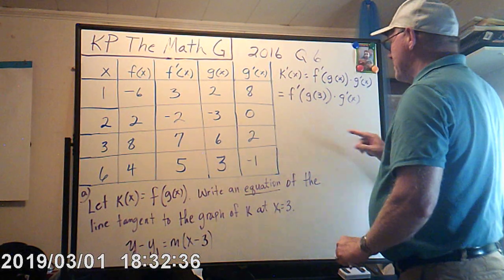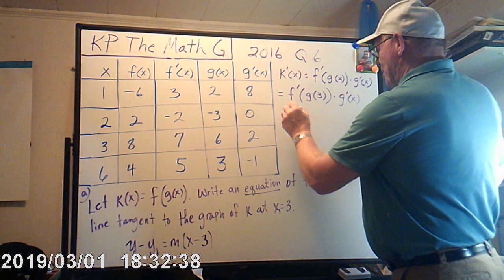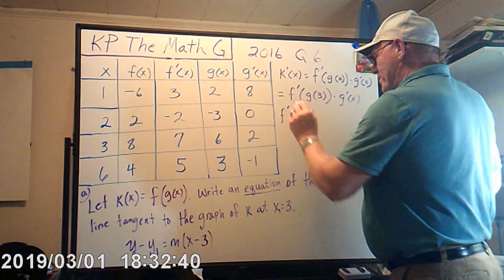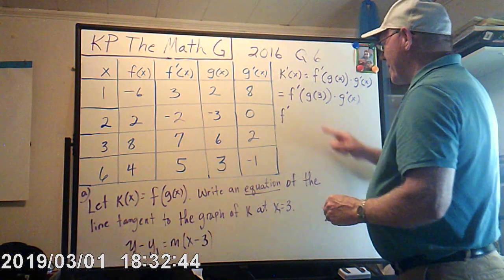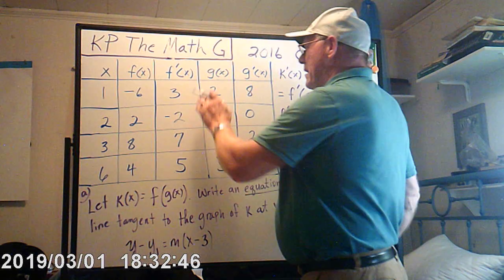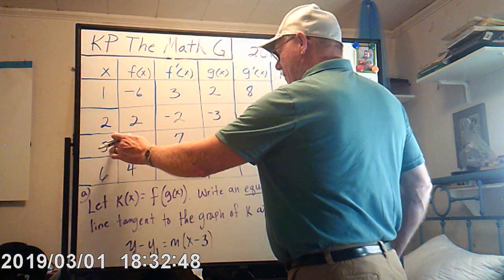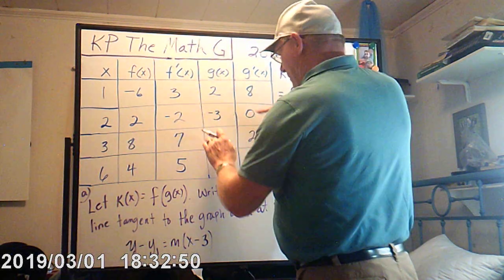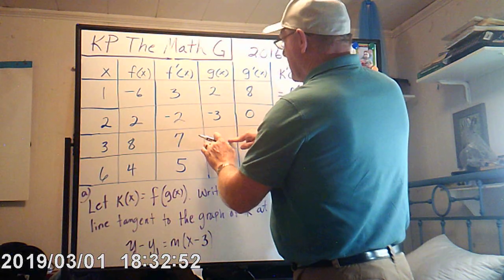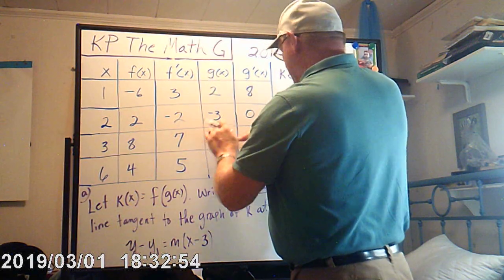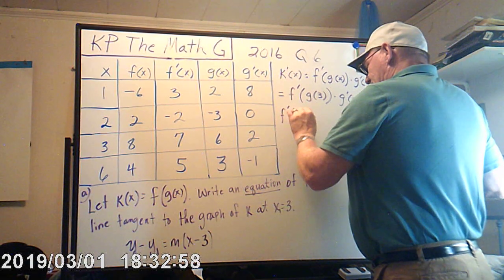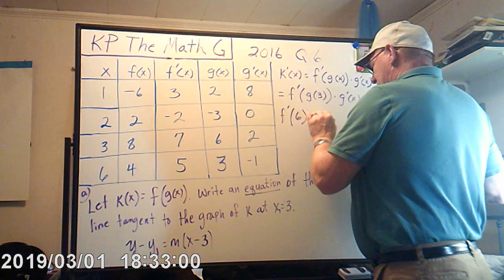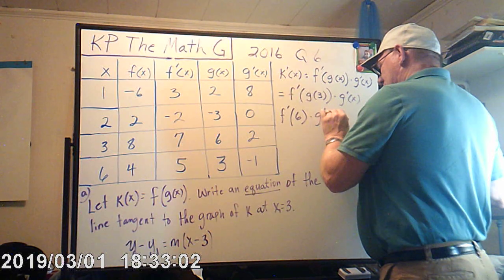Okay, so now let's deal with this. F prime, leave the prime up there, don't forget that, of g at 3. Now I want to find g at 3. G at 3 is 6. So f prime of g at 3 is f prime at 6, times g prime at 3.